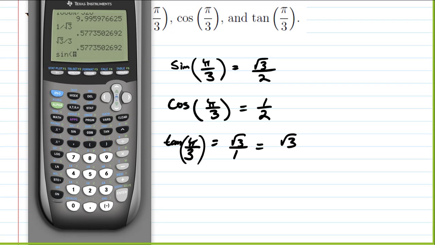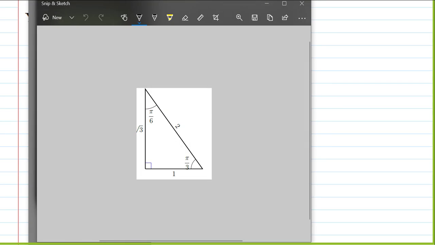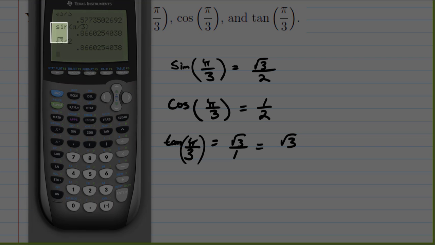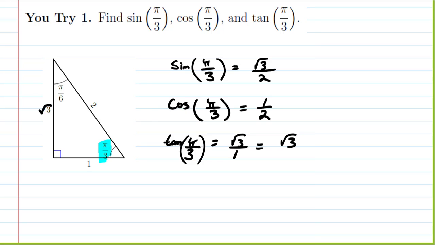And if I go pi divided by 3, I get this value, and let's check. So I go the square root of 3, and I divide it by 2. So I get the same decimal approximation on my calculator for each of these values.